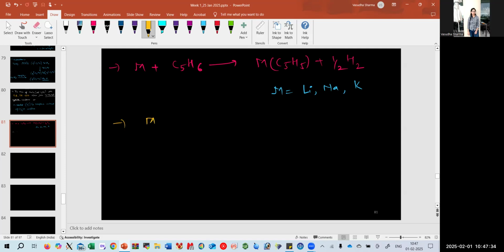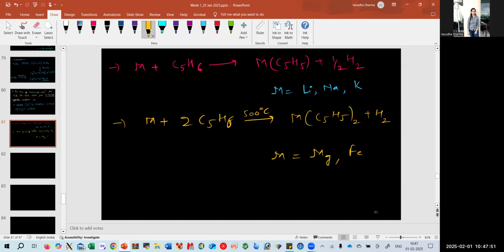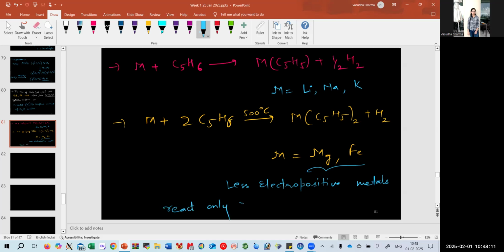Second, if you are treating the metal with two C5H6 groups, then it would form at 500 degrees Celsius M(C5H5)2 plus H2 release. And here the metal has to be magnesium or iron. Meaning here the less electropositive metals react only at high temperatures.